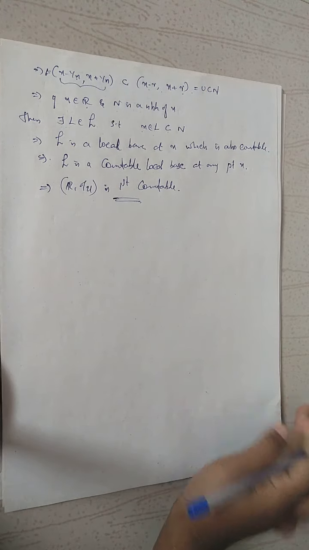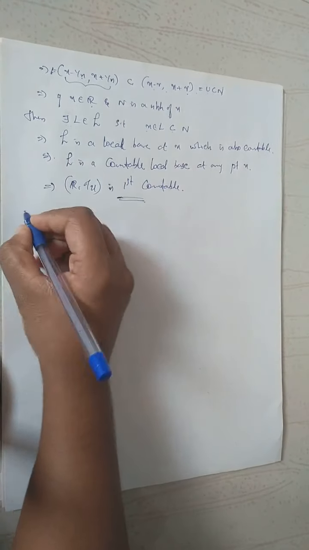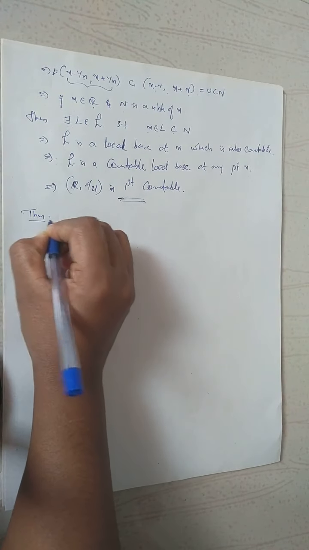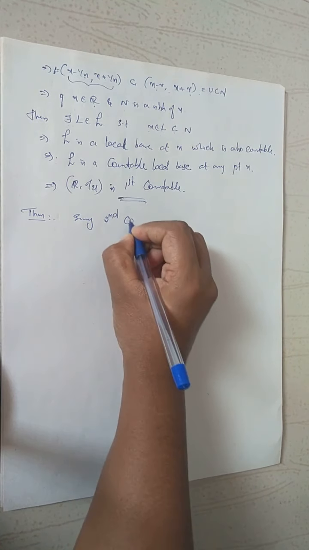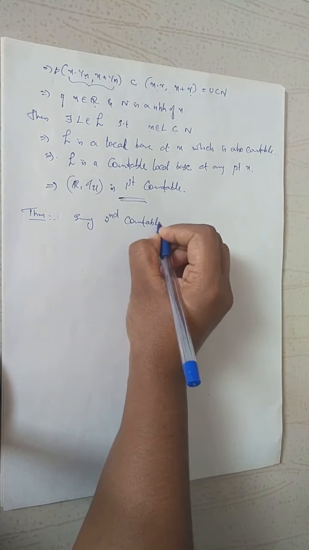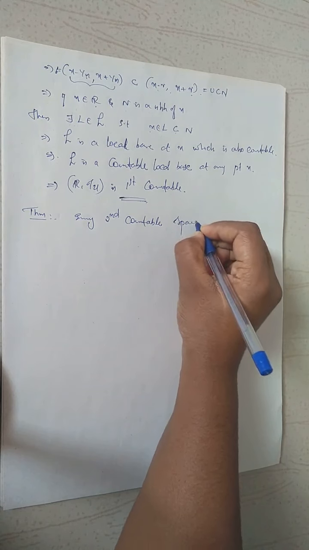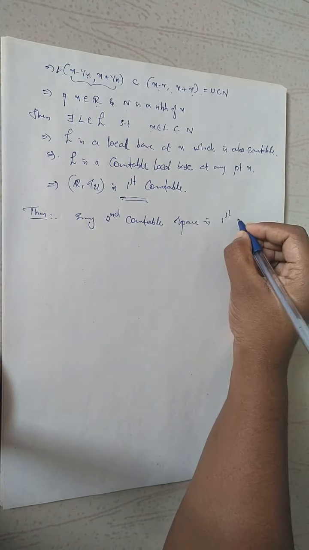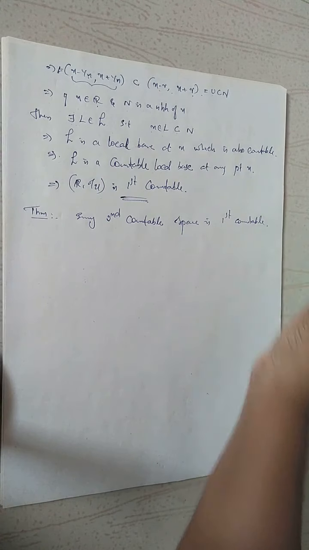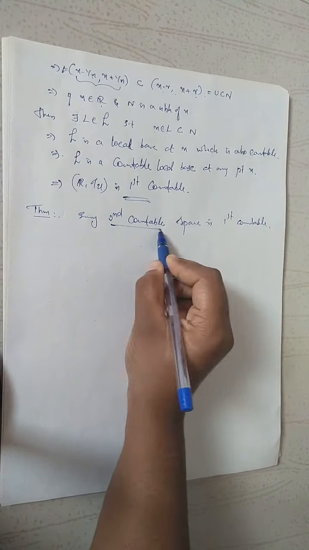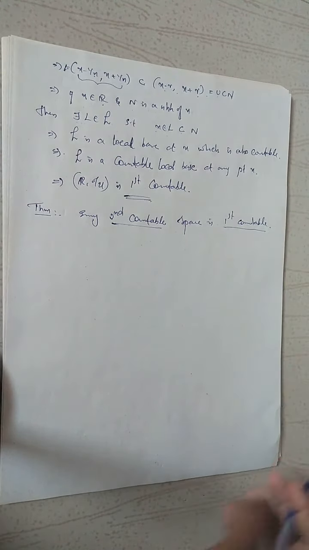So these two are different in nature. And the relation between them is: every second countable space is first countable. Very important. Second countability always implies first countability.